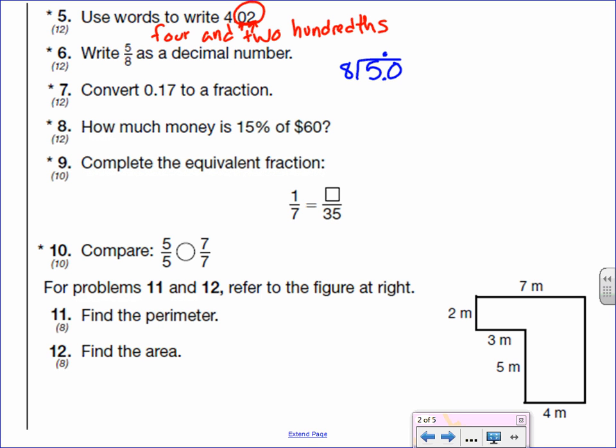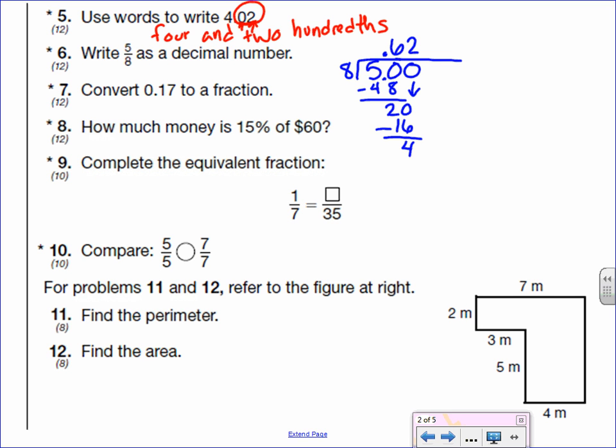So 8 goes into 50 6 times. 6 times 8 is 48. 50 minus 48 is 2. Since I have a remainder, I'm going to add another 0 and bring that down. So 8 goes into 20 2 times. 2 times 8 is 16. 20 minus 16 is 4.